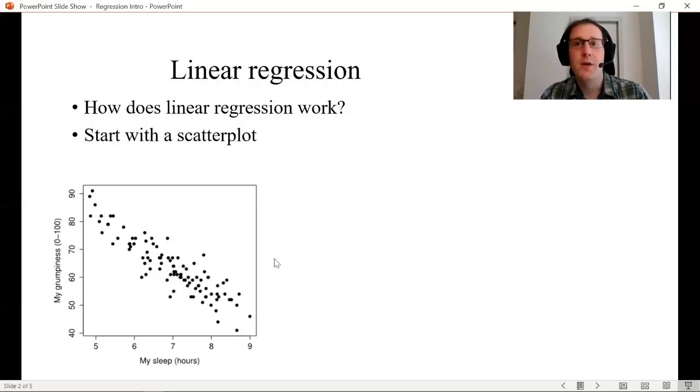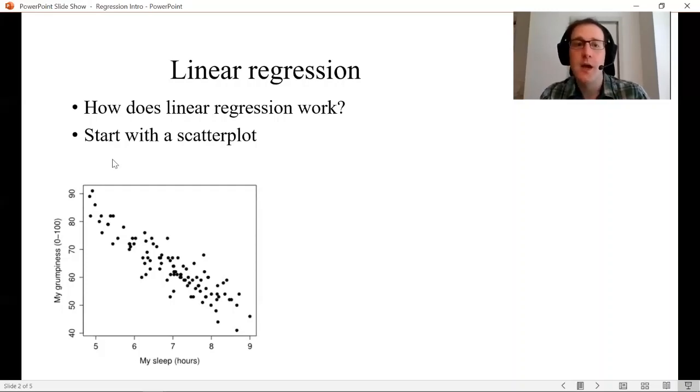So when you're doing a regression, you want to have the independent variable x plotted on the x-axis, and you want the dependent variable y plotted on the y-axis.